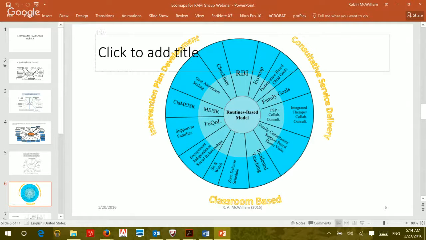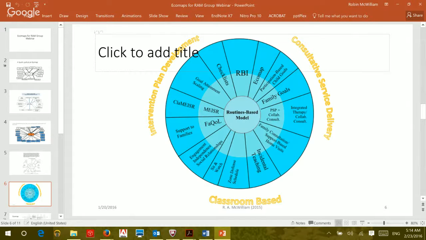In fact, when we're training people on the routines-based interview, we also train them on the Ecomap to do at the beginning of the RBI. It can actually be done on a prior visit, but if it hasn't been done on a prior visit, it should be done at the beginning of the RBI.